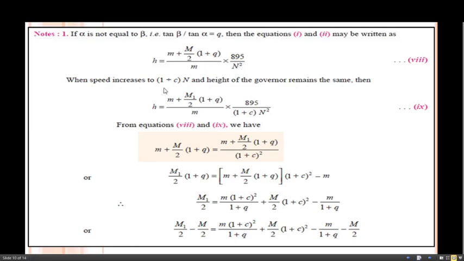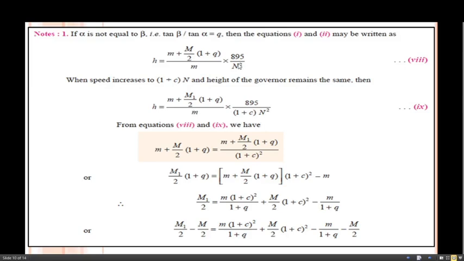And when the speed increases to (1 plus c) into n and the height of the governor remains the same, corresponding to the increased speed you can get the height like this: h equals (m plus capital M1) by 2 into (1 plus q) divided by m multiplied by 895 divided by ((1 plus c) into n) square.